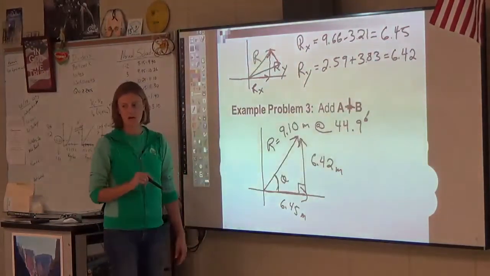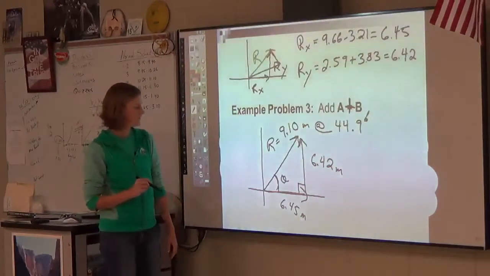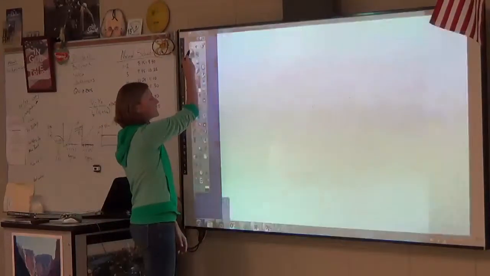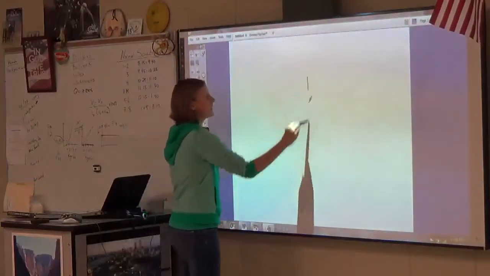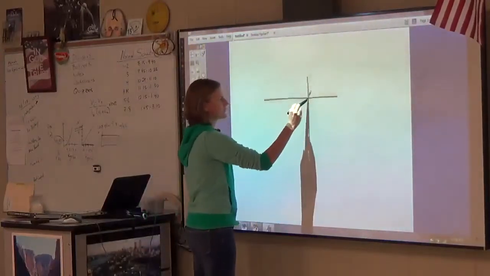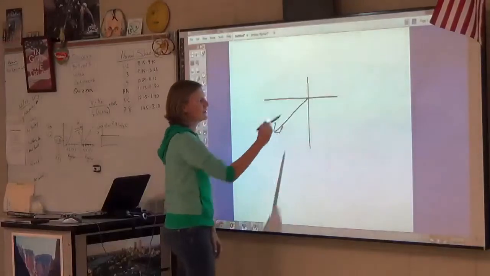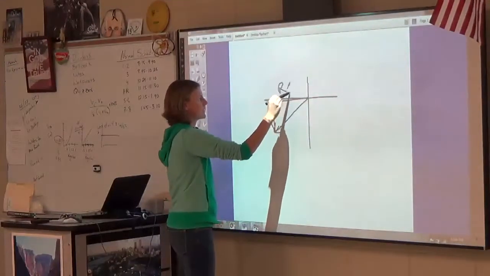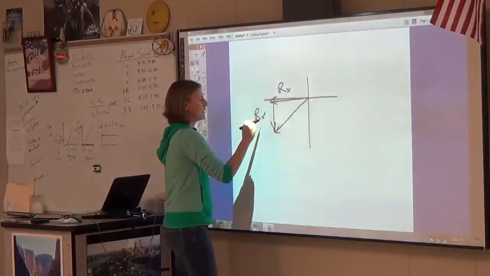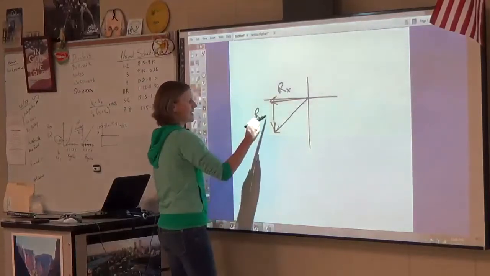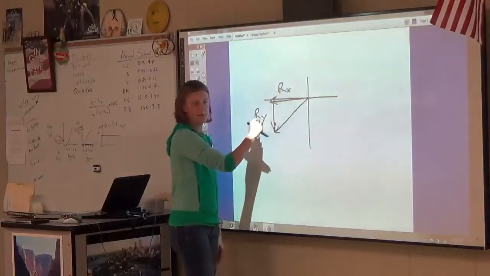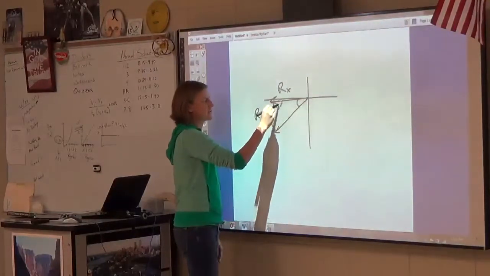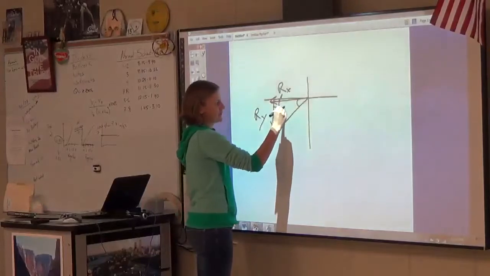A few words of caution on dealing with your angles. If, for example, you had solved for a resultant vector that was down here, and you had sketched out Rx and Ry, in which case Rx and Ry would both be negative, and you do your inverse tan and solve for your angle and get 20 degrees.